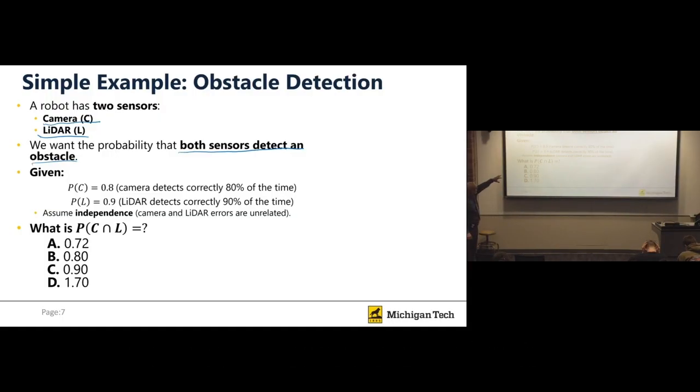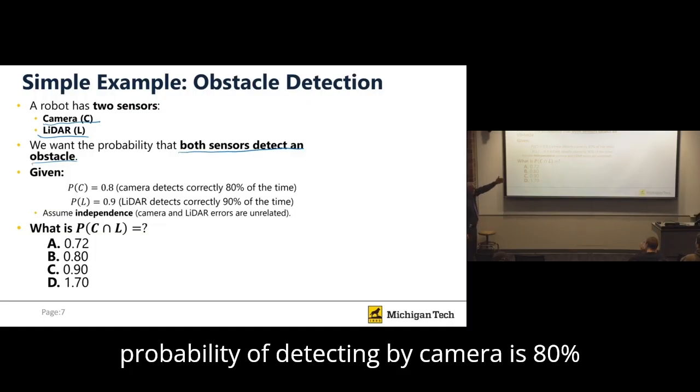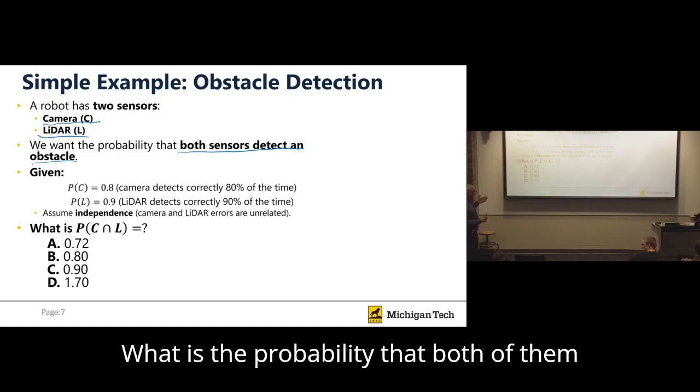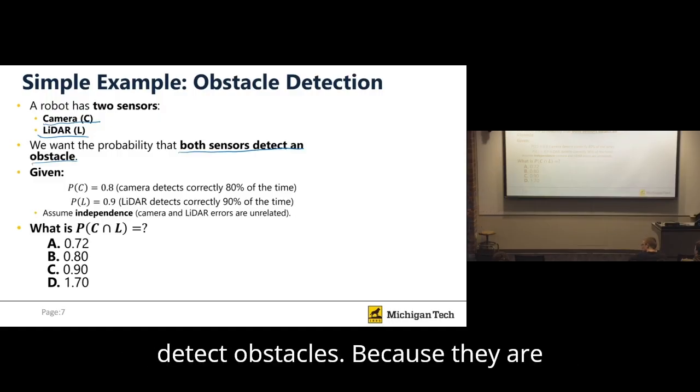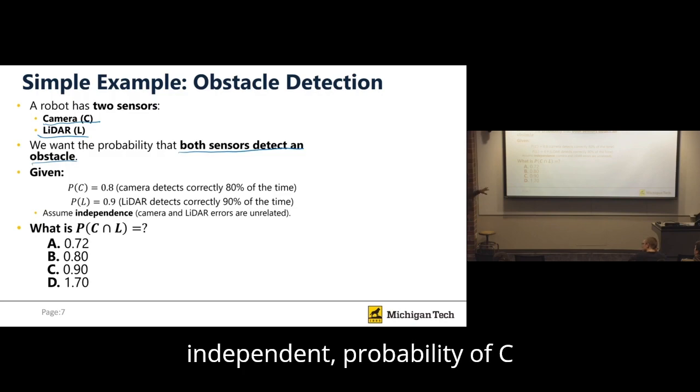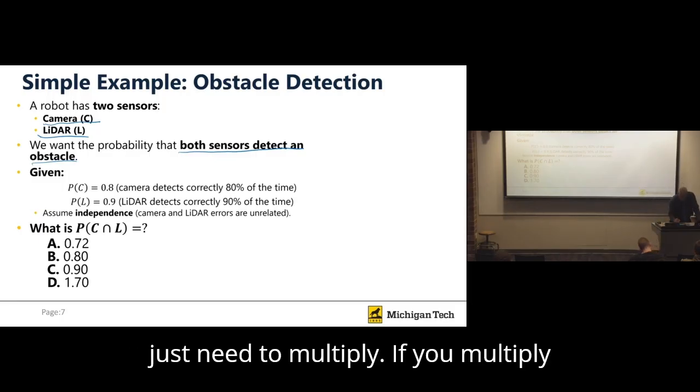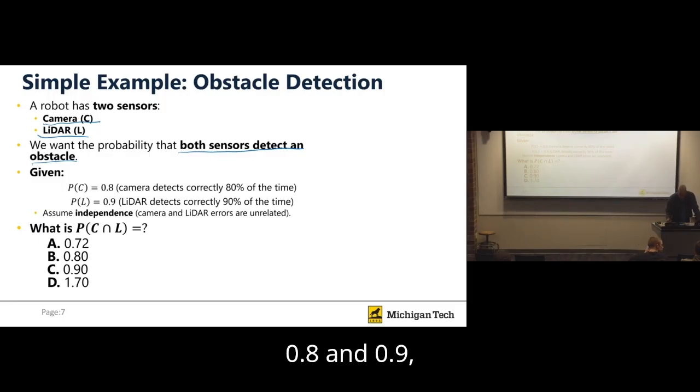We know that the probability of detecting by camera is 80% and by LiDAR is 90%. Because they are independent, the probability of C and L is the multiplication of them. So we just need to multiply. If you multiply 0.8 and 0.9, that is A.